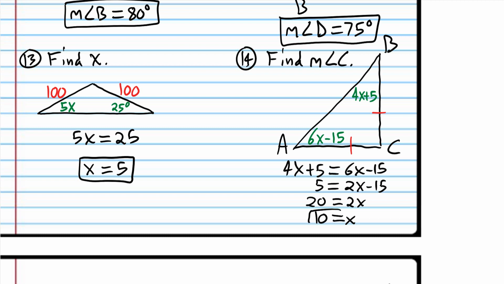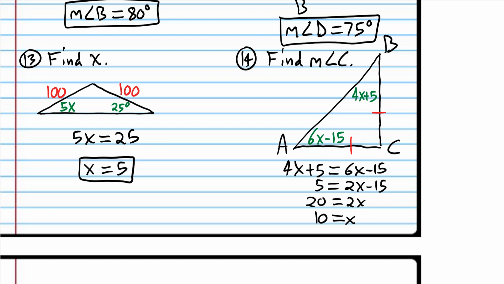Now, this is kind of a trick problem because we're not looking for x. In this problem, we're looking for the measure of angle C. Now, we're going to use x equals 10 to find the measure of angle C. We need to know what this angle is here. So this problem is a little bit more complicated.